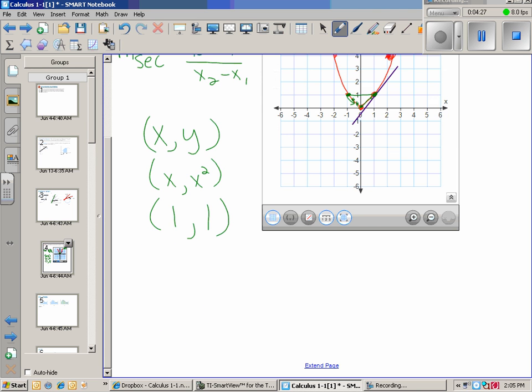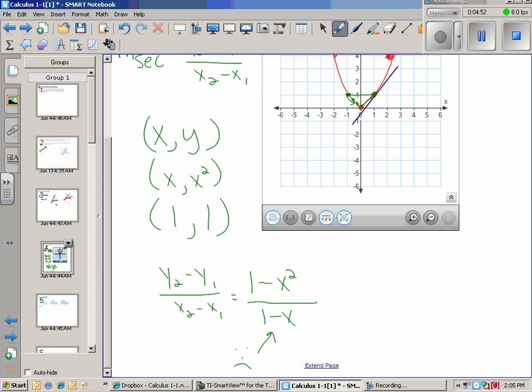So if I use my slope formula and I take rise over run, I'm going to go 1 minus x squared over 1 minus x. And I can't plug in 1. If I plug in 1 here, we have an error. That's not possible.